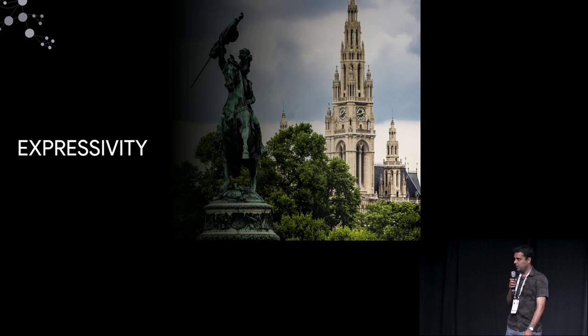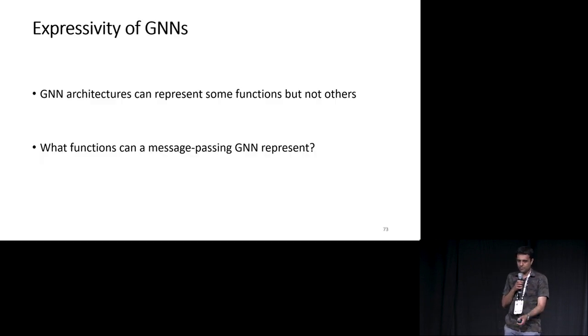Now I'm going to move into the next part of the tutorial. We'll talk about questions of expressivity. Here we're concerned with determining what kind of functions a message passing GNN can actually represent. What sort of functions can we even capture using these model architectures?